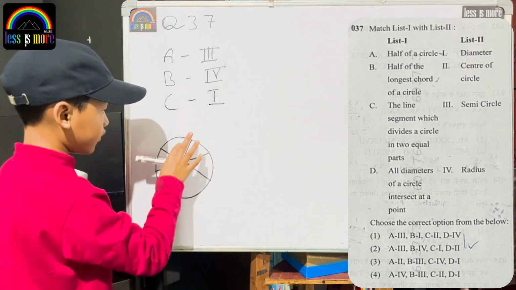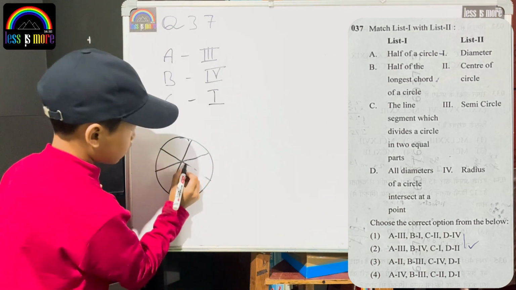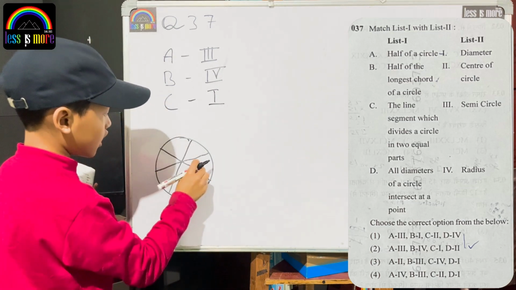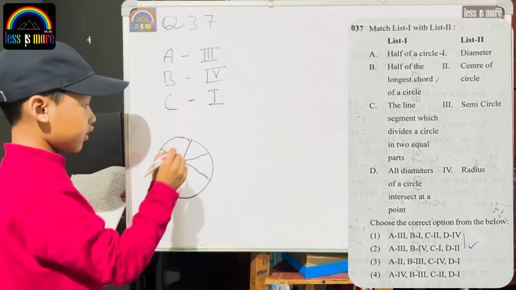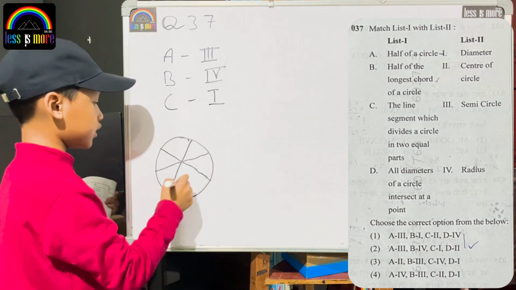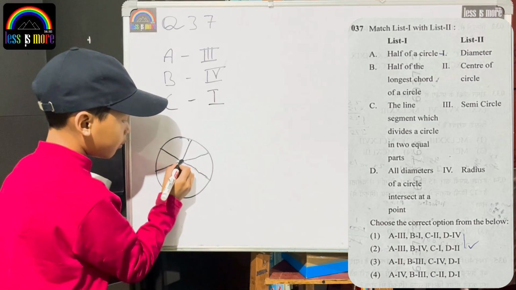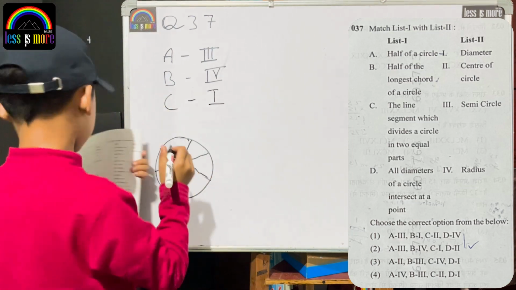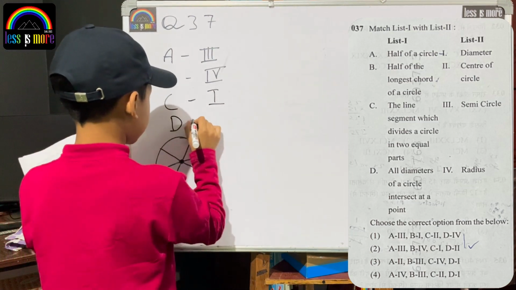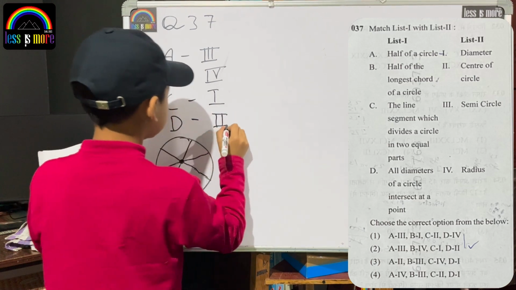If I draw many of them on a circle, they will intersect at one point. So the answer will be center of a circle. Then D will be number 2 of list 2.